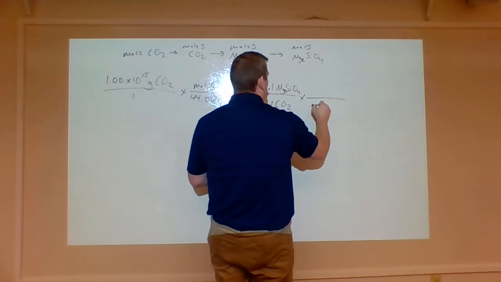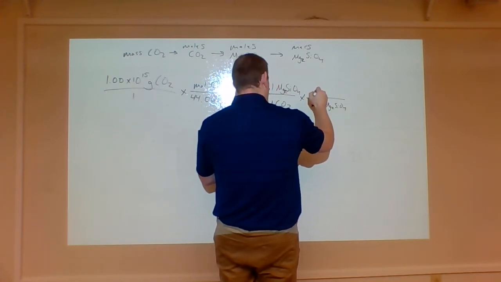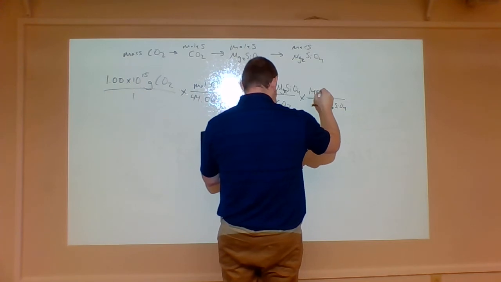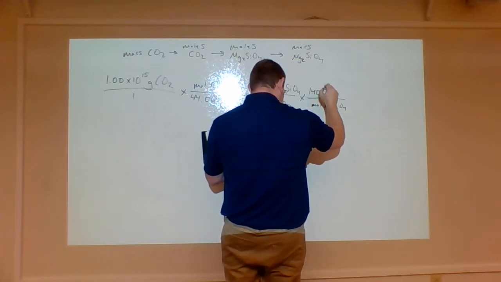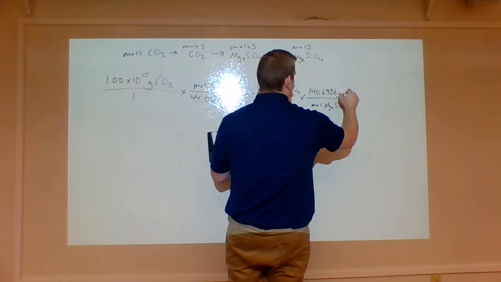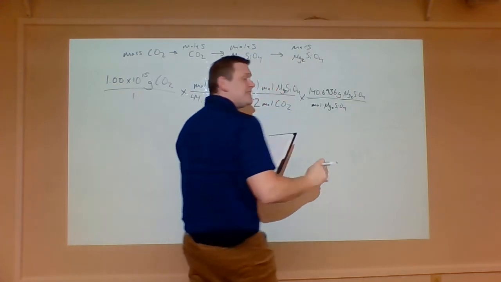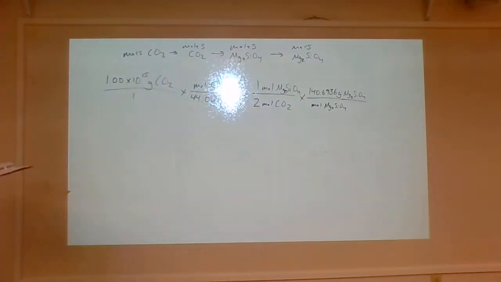For every 1 mole of the Mg2SiO4, we have 140.6936 grams of Mg2SiO4. All right, the same sort of equation setup that we used last time.